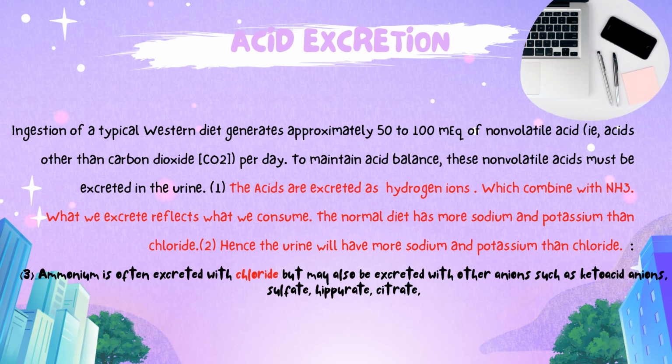The urinary osmolar gap is a more accurate reflection of the ammonium that we excrete, because it takes into account not only the chloride but the other anions as well. We will discuss the urinary osmolar gap and the serum osmolar gap in detail in coming presentations.